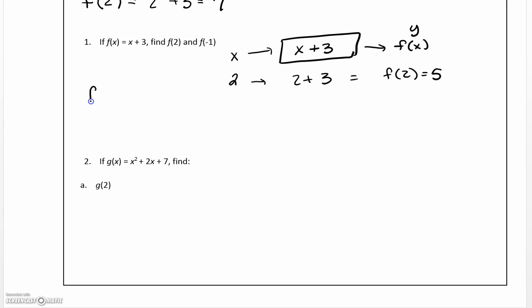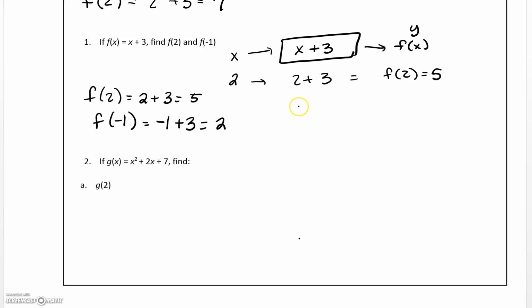So we would write this as f of 2 equals, and where there's an x, we would put in a 2, 2 plus 3. So f of 2 equals 5. And then f of negative 1, we would put a negative 1 in where there's an x. Negative 1 plus 3, and that is equal to 2.